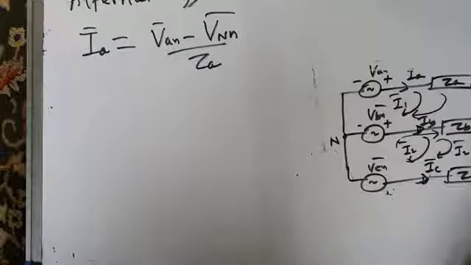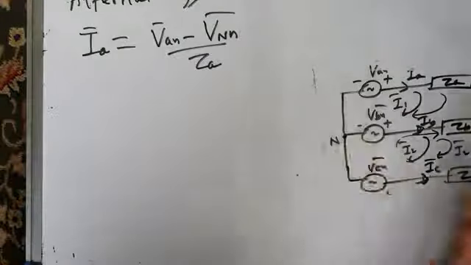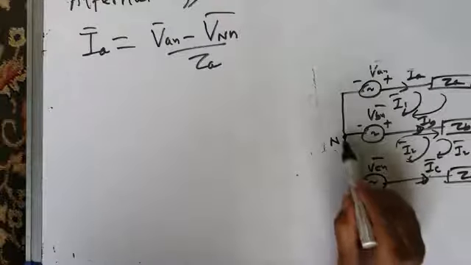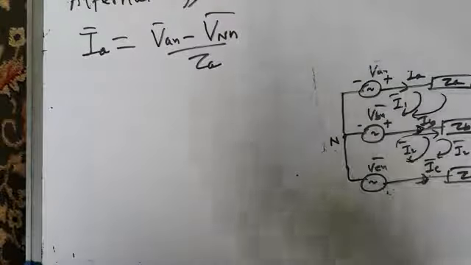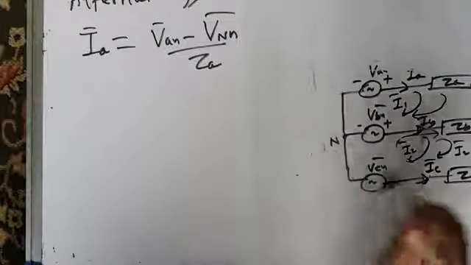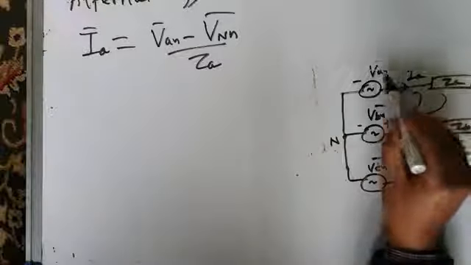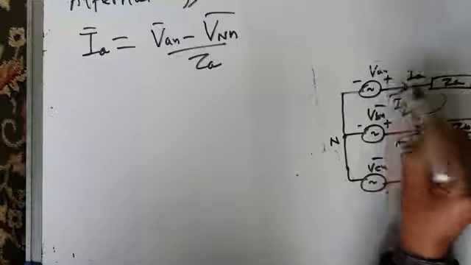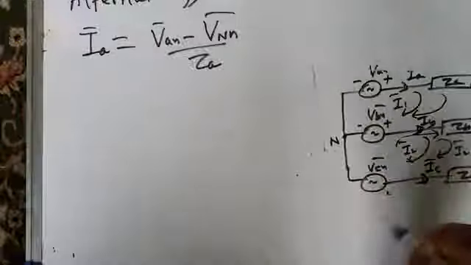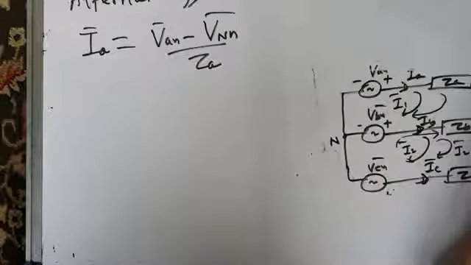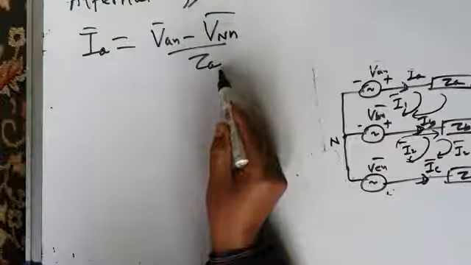So there will definitely be some voltage between the two neutrals. Load neutral and source neutral, in between the two there will be some voltage. So therefore, if you find line current IA, it will not be VAN by ZA, it will be VAN minus this neutral to neutral voltage, VAN minus VNN by ZA.